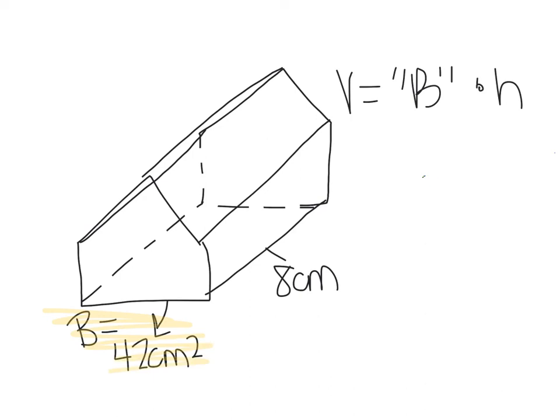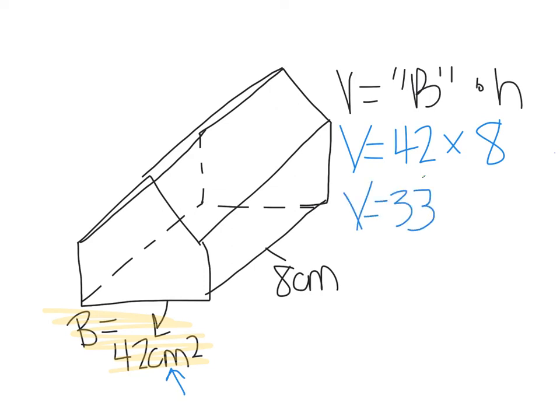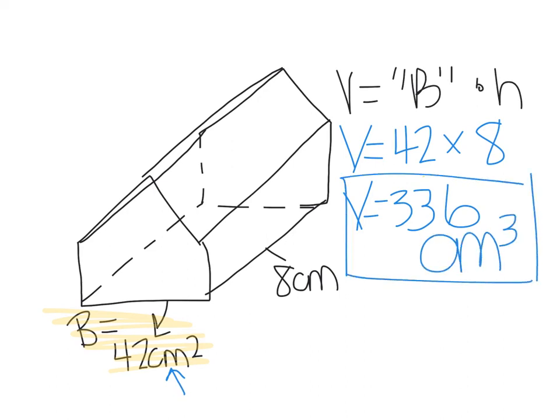So literally, you're going to be like, V equals 42 times 8. And then you're going to multiply 42 times 8. And you will get V equals 336 centimeters cubed. And you will be done with the problem. So I just wanted to make sure that I went over that one more time just to make sure we're all clear on that.